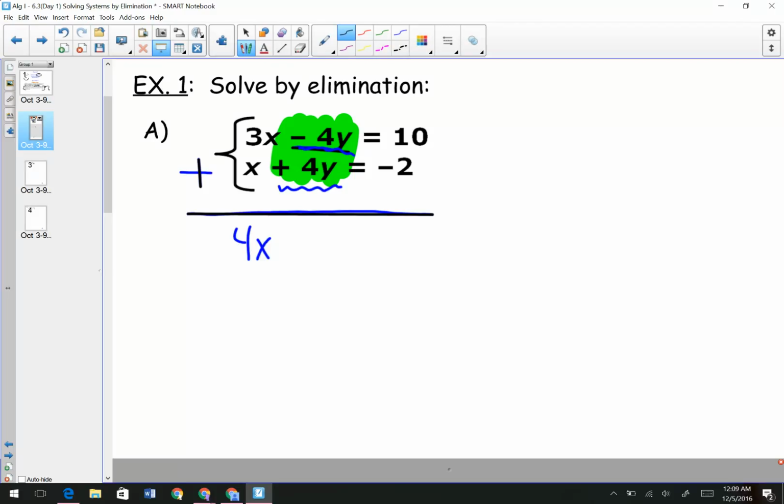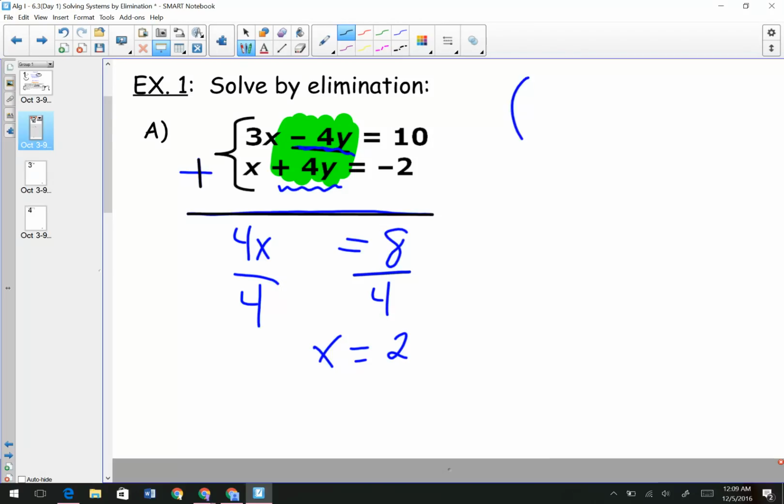There's nothing even to write there. Equals 10 plus a negative 2 is 8. And hey, look at that. That's a really easy equation to solve. I would hope it is. We divide by 4. We divide by 4. And we get x is equal to 2.